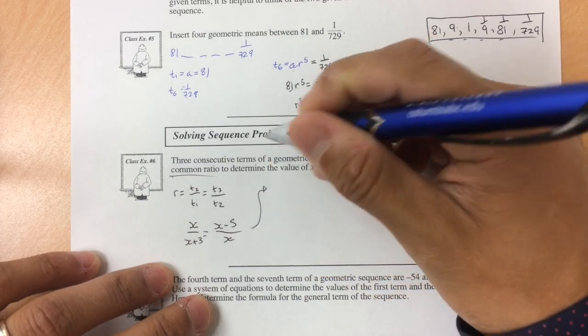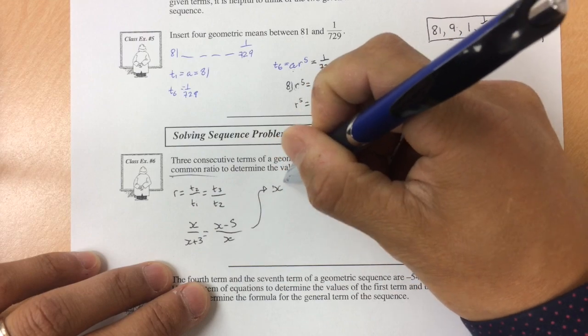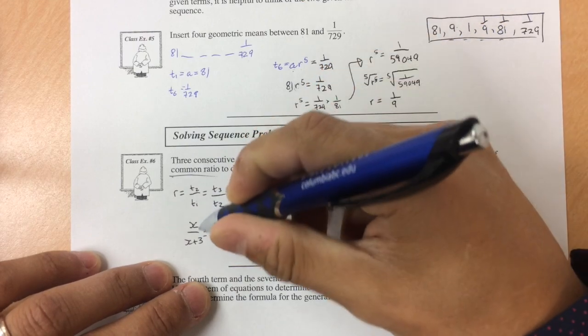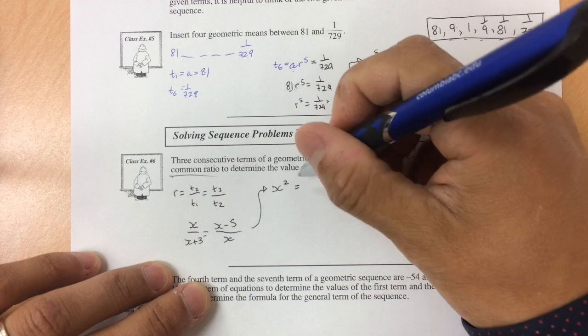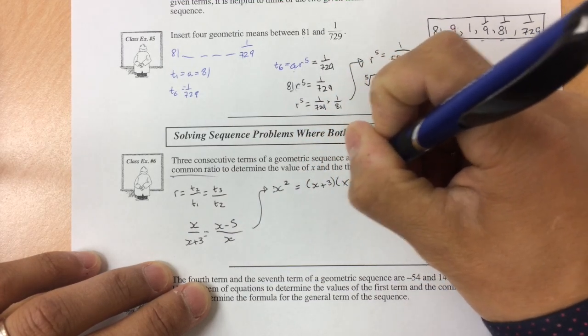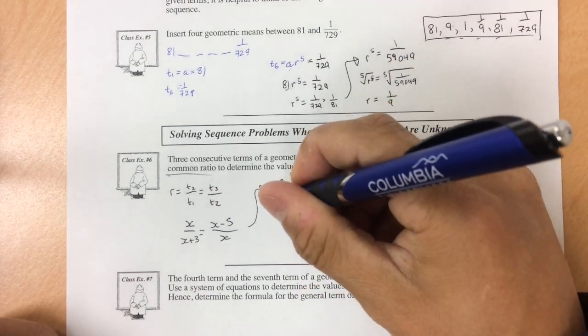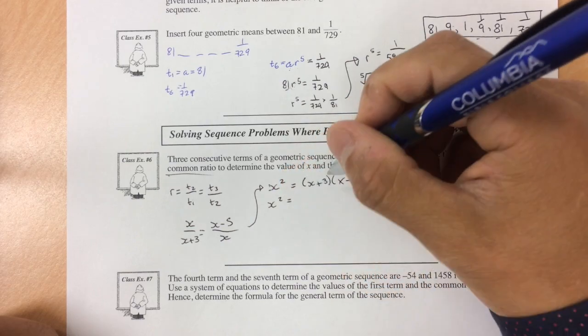So if I move up here, x times x, if we cross multiply, is x squared, and x plus 3 times x minus 5. This is an equation you probably remember from last year, but all we're working with is a quadratic equation.